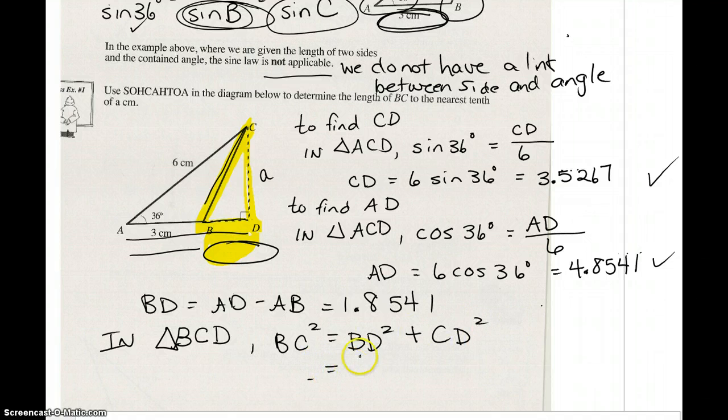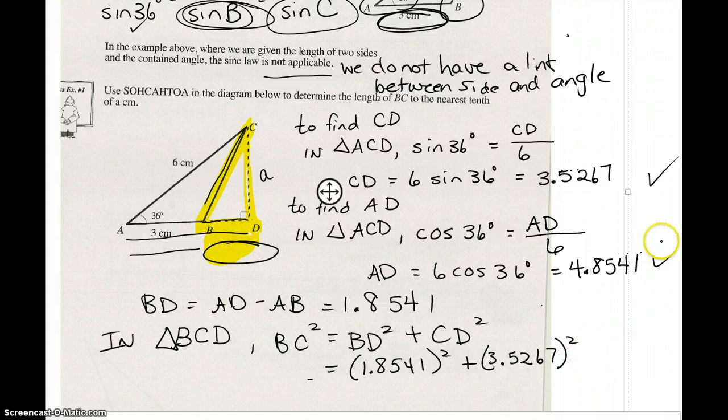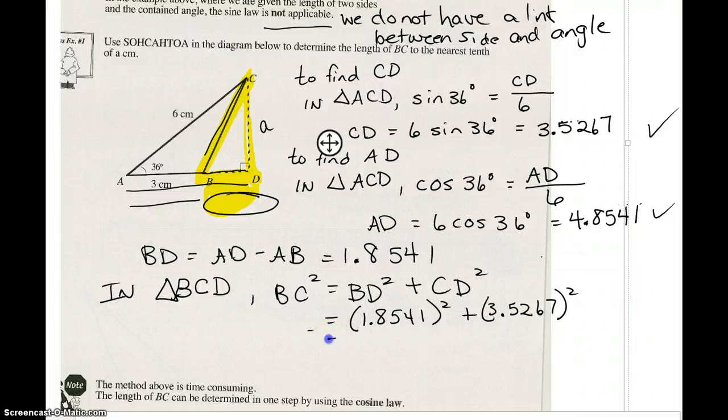Plug in our new numbers that we have just solved for, and we'll square that. The CD was 3.5267. That's from above. I just solved for that. And when we plug this all in together, we end up with 15.8753.